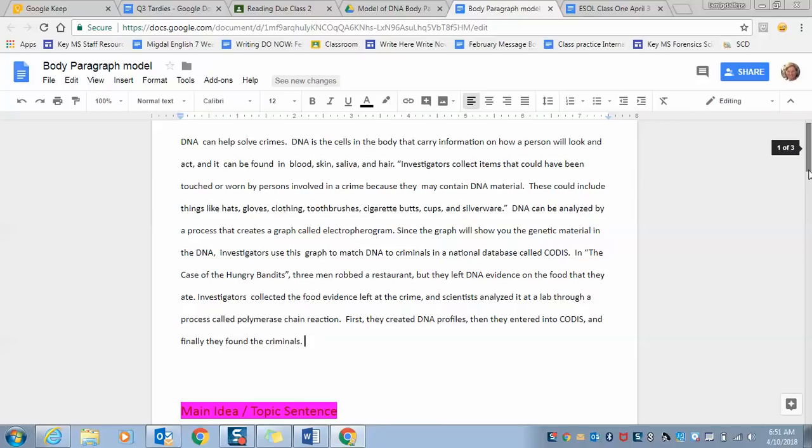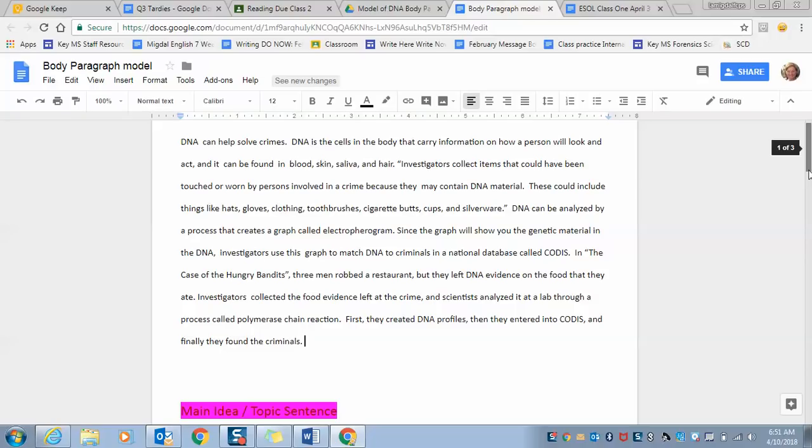DNA can help solve crimes. DNA is in the cells in the body that carry information on how a person will look and act, and it can be found in blood, skin, saliva, and hair. Quote, investigators collect items that could have been touched or worn by persons involved in a crime because they may contain DNA material. These could include things like hats, gloves, clothing, toothbrushes, cigarette butts, cups, and silverware.